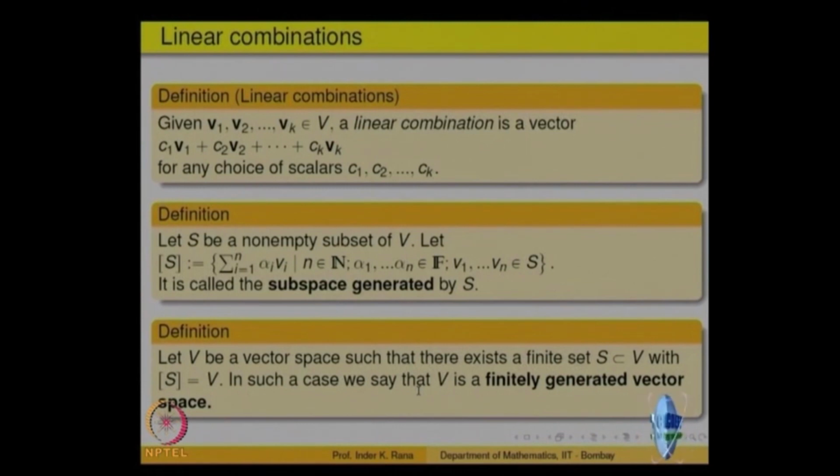Finite number of elements of V give everything via linear combinations. If it is not, then we say it is a non-finitely generated vector space.